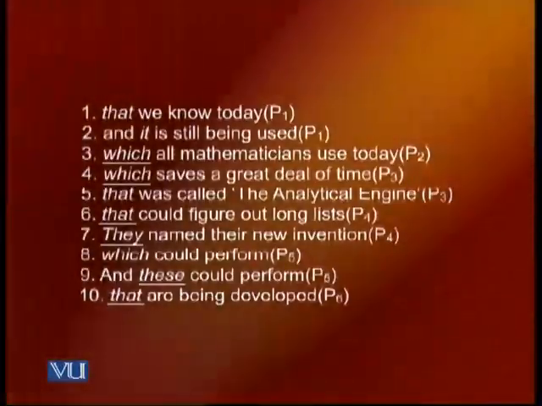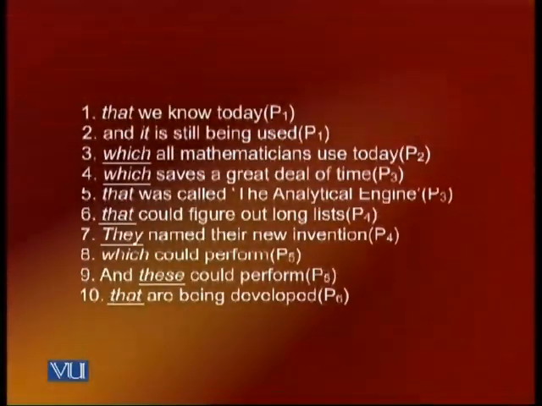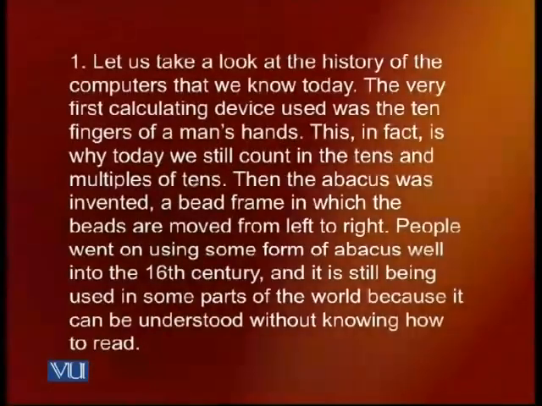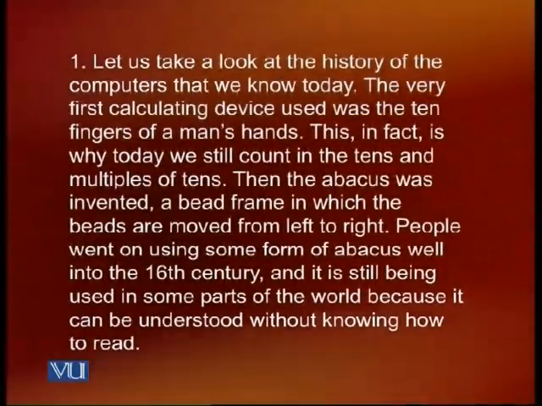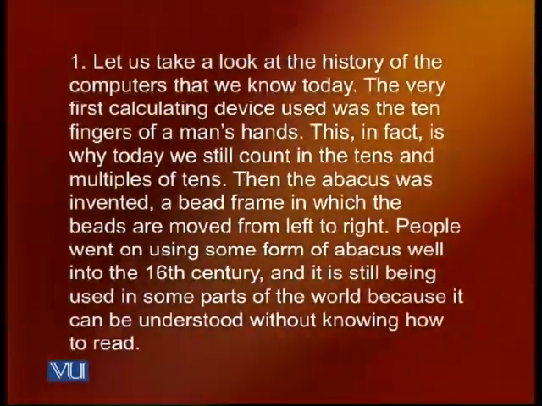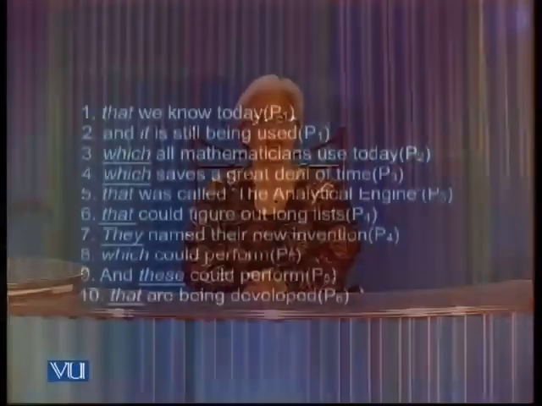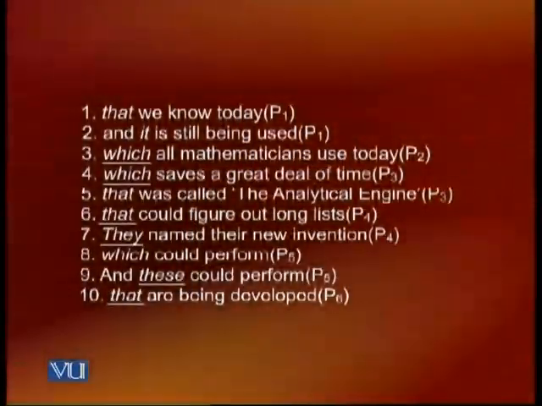Number two, and it is still being used. The word in italics is it. What does it refer to? It refers to the abacus that is still being used, although it was invented way back in primitive times. Number three, which all mathematicians use today.